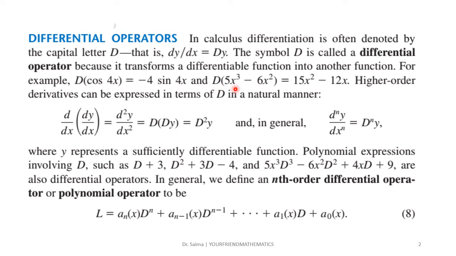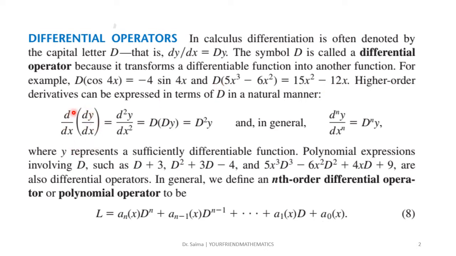First we apply it on 5x cube. 5 is the coefficient, and for x cube we get 3x square, so it becomes 15x square. Then the minus sign remains the same, and the differential operator will apply on 6x square: 6 is the coefficient, it remains the same, and the derivative of x square is 2x, so it becomes minus 12x.